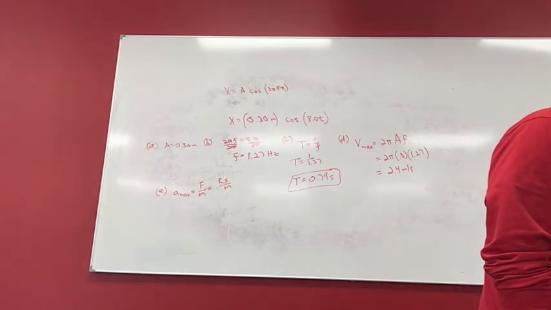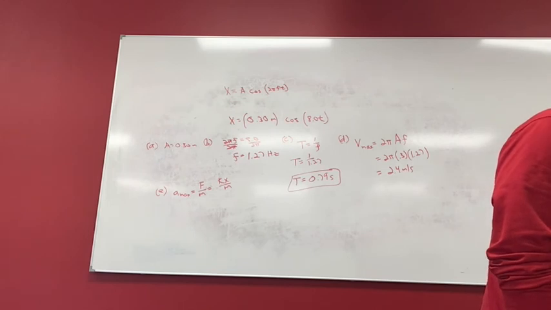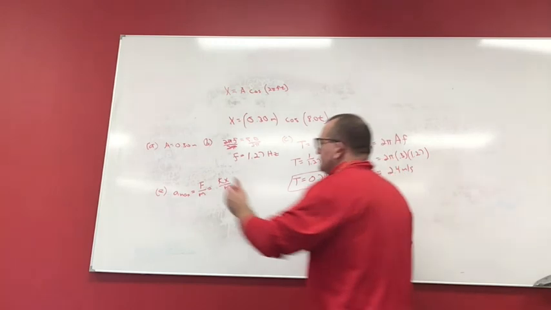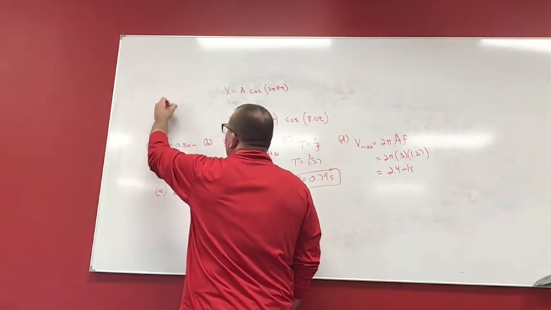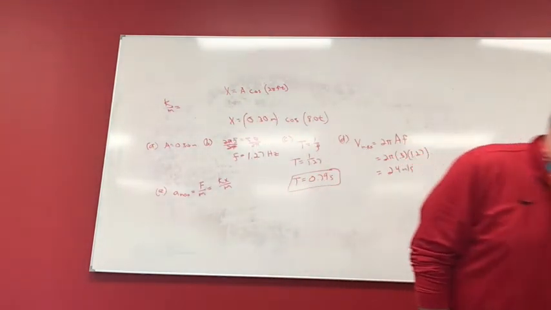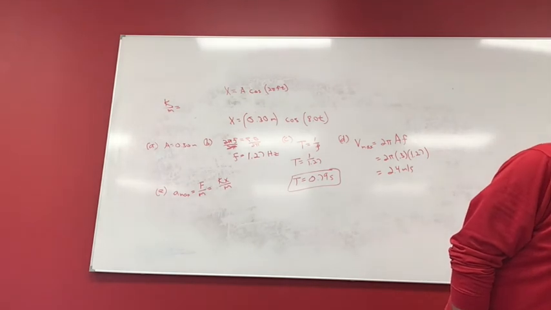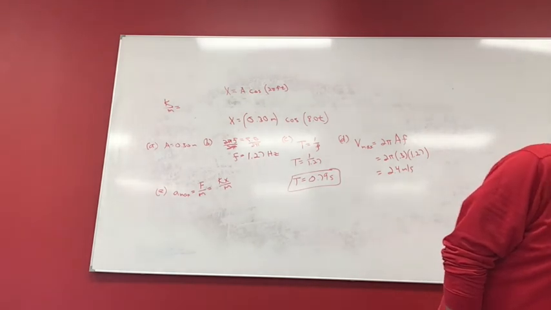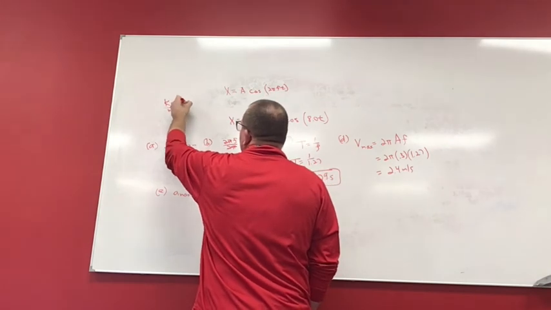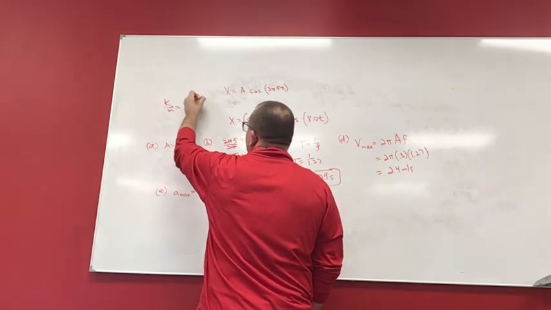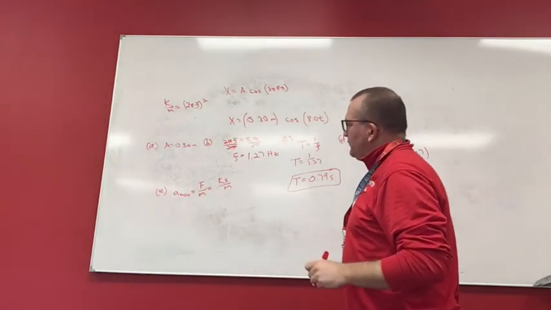And then we can look at k over m, and we know k over m is equal to, and this was something that was given earlier, (2 pi frequency) squared. So I can put that in for k over m.